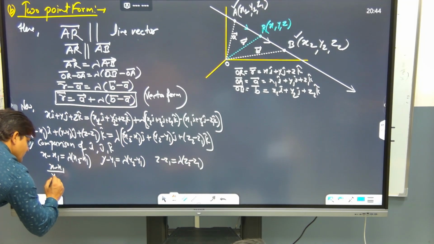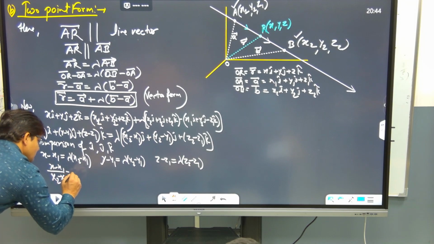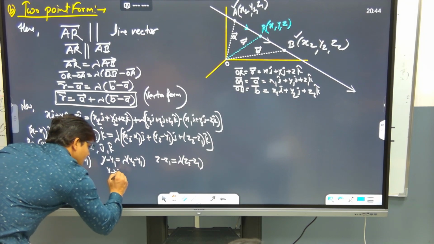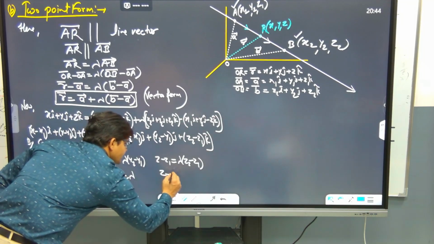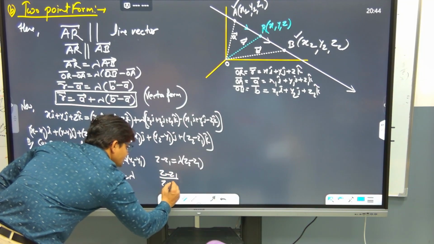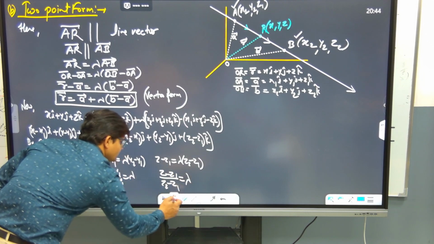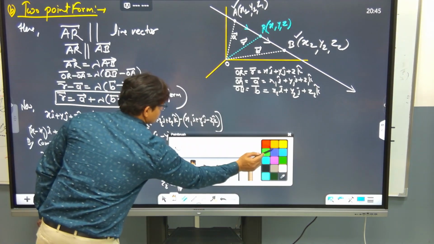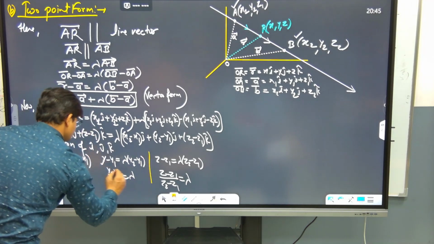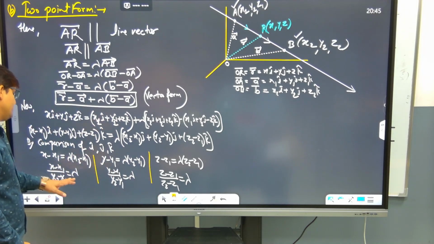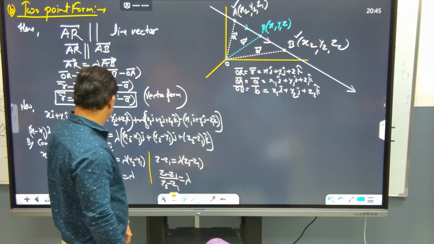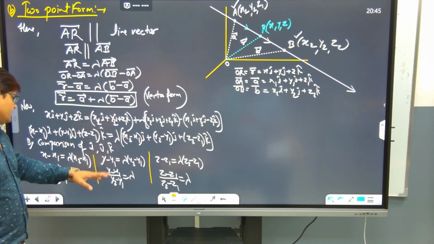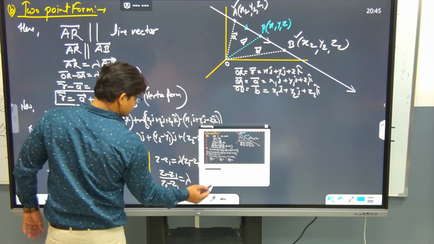So x minus x1 divided by x2 minus x1 equals lambda, y minus y1 divided by y2 minus y1 equals lambda, and z minus z1 divided by z2 minus z1 equals lambda. By the definition of lambda, from the first, second and third relations, we equate all the values, so we can write this value.